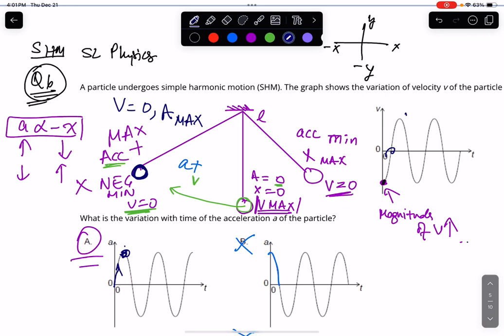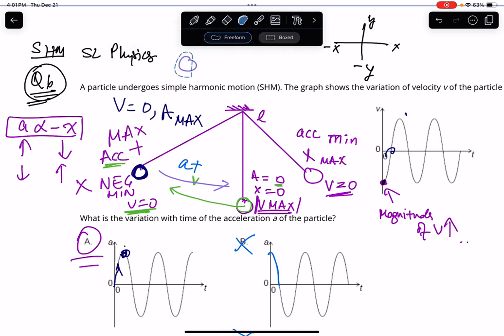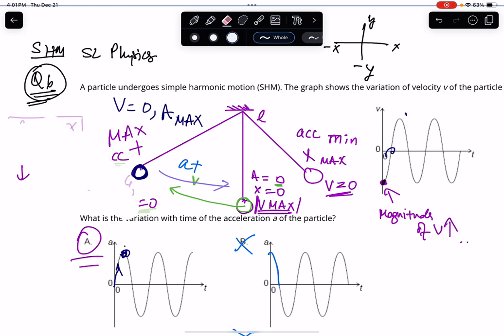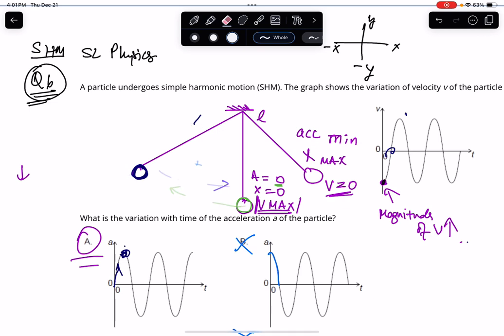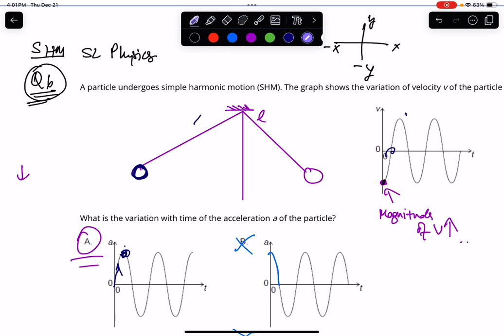Okay? Now, when the acceleration reaches maxima, the pendulum bob is going to go all the way back. So, the pendulum bob, what we've seen is it starts over here, it goes to the maximum, then it goes back, and it oscillates in this way, right? So, let me sort of clear some of these things. Okay. So what we're seeing over here is that, first of all, the acceleration is rising.